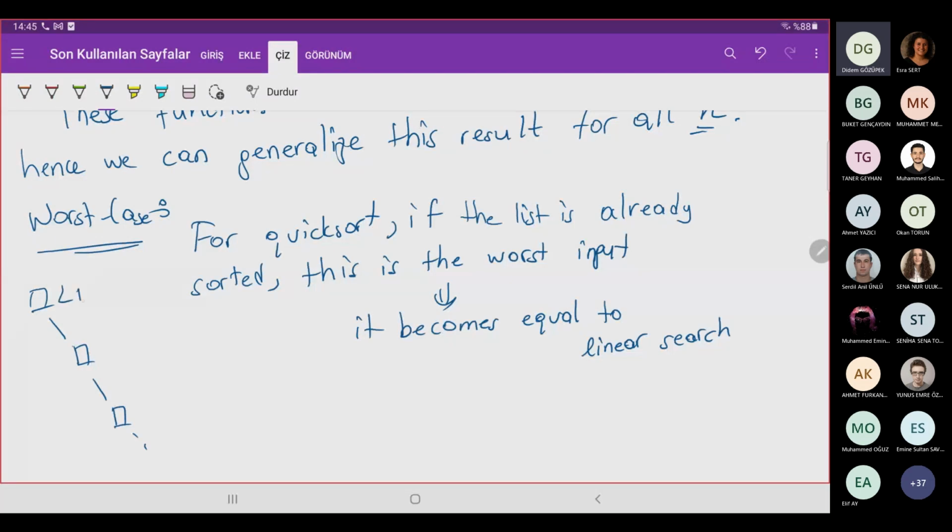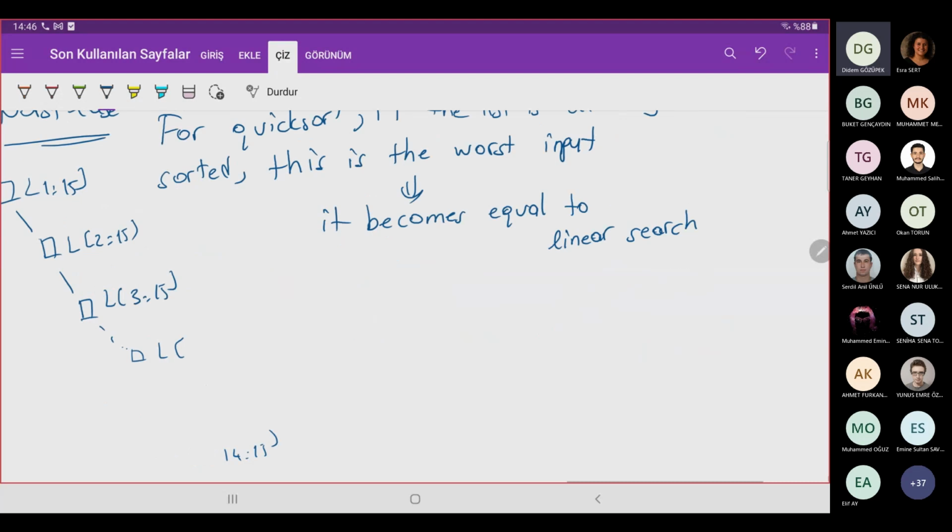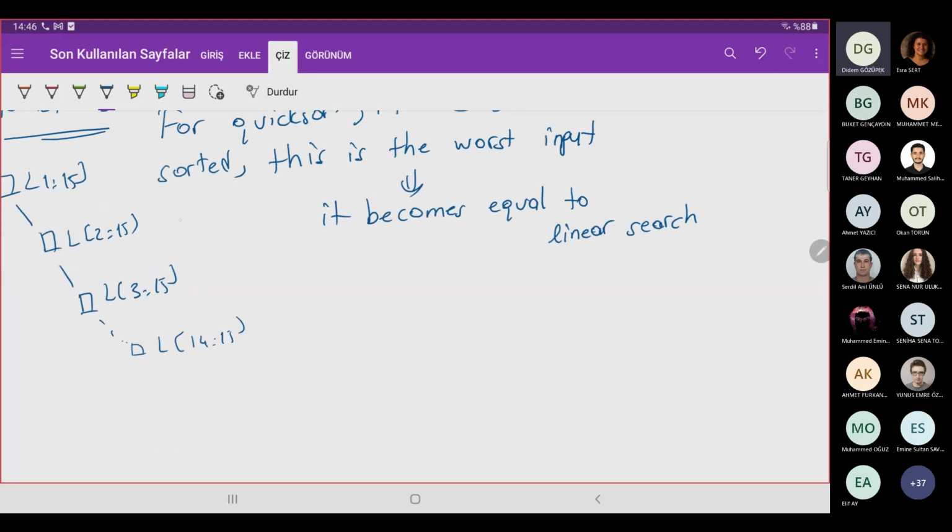So it's like L1,15, and then it will be 2,15, 3,15, up until 14,15 or 15,15. I don't have any here. So 16 comparisons, 15 minus 1.